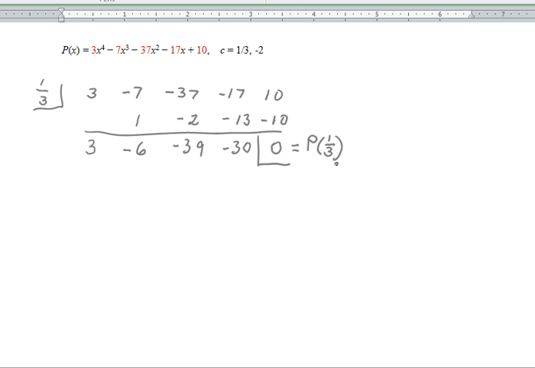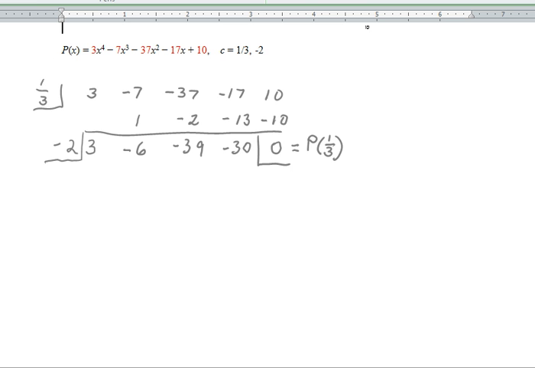Now, at this point, we have the coefficients of a third degree polynomial as the quotient. It would be 3x to the third minus 6x squared minus 39x minus 30. But instead of writing that out, we're going to use the quotient as the next dividend when we divide by the -2. Remember, this time we were given 2 zeros.